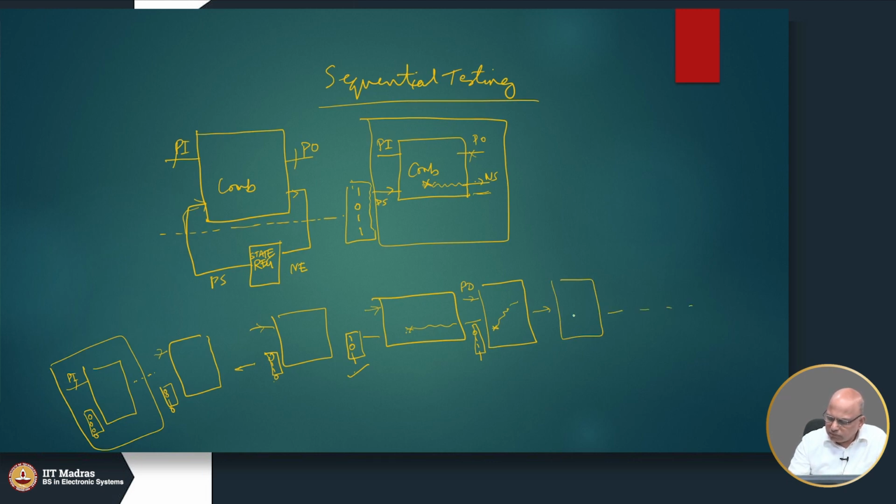Finally, the fault will propagate to one of the primary outputs. Okay. So, here is where we got the D or D bar, but the D or D bar propagated to one of these states. In the next state, the D may go to another state, and then finally it went to one of the primary outputs. So, D or D bar propagated to a primary output.